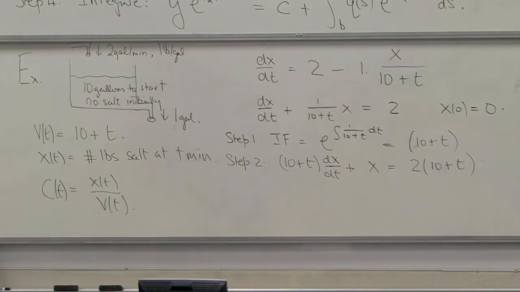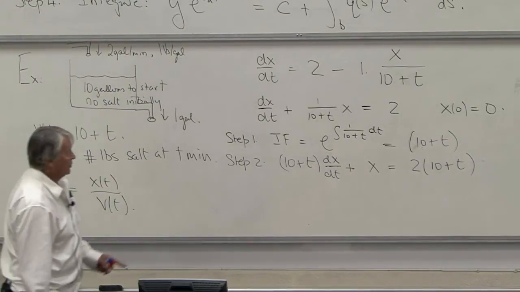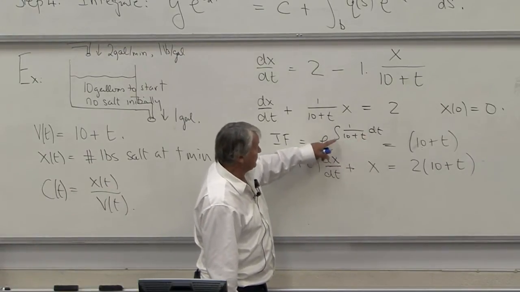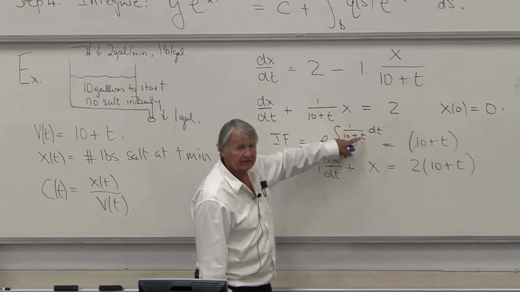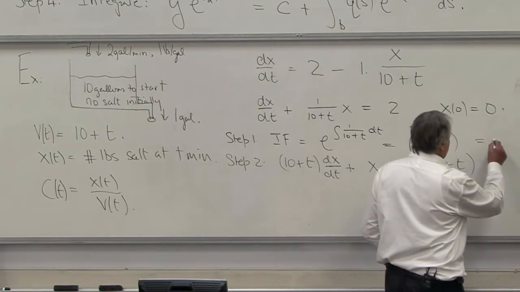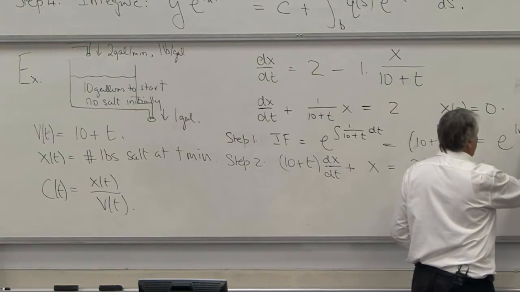Yes? So you only multiply by what's inside? No, I multiply by whatever this turns out to be. This is e to the log of 10 plus t, and e to the log of 10 plus t is 10 plus t.